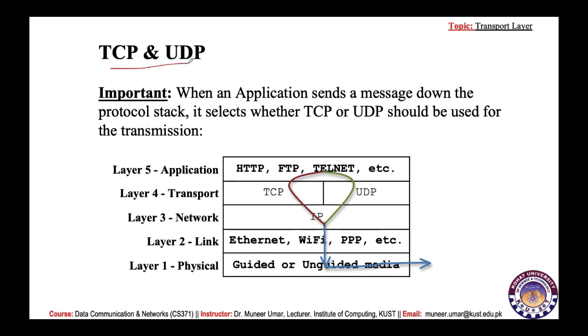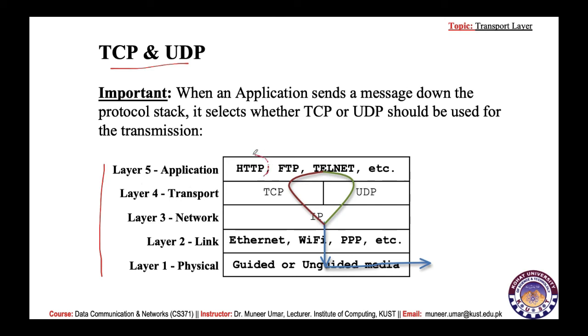TCP and UDP. When an application sends a message down the protocol stack, it selects whether TCP or UDP should be used for the transmission. We have a TCP/IP suite, and on the application layer we might have different processes or protocols running. So these protocols select either TCP or UDP at the transport layer.